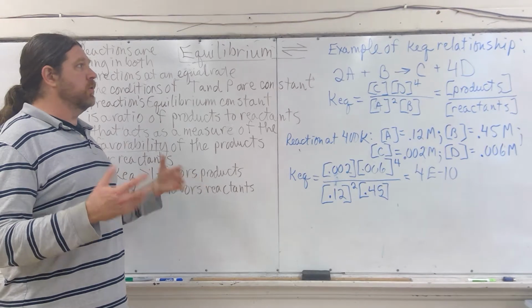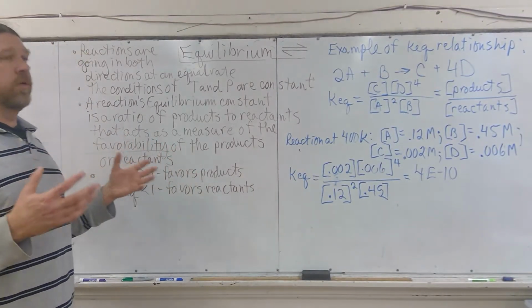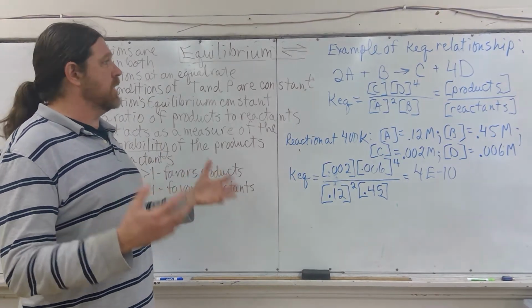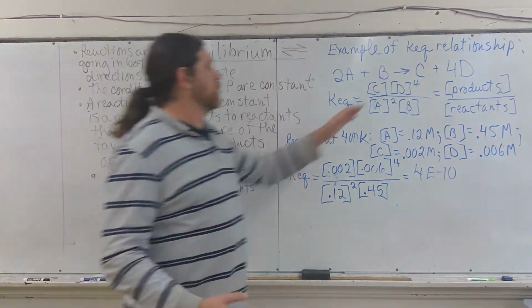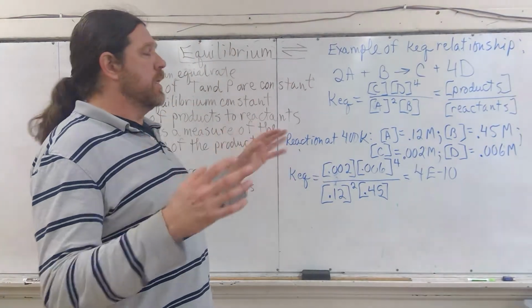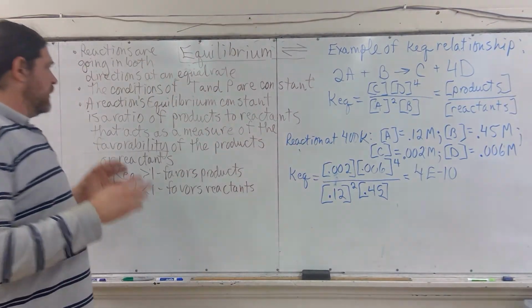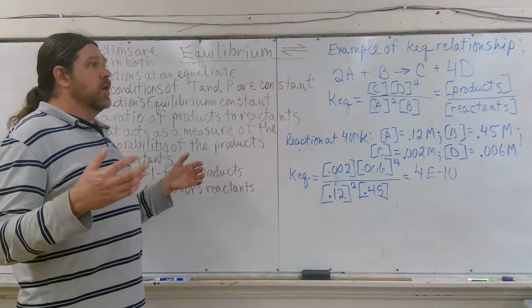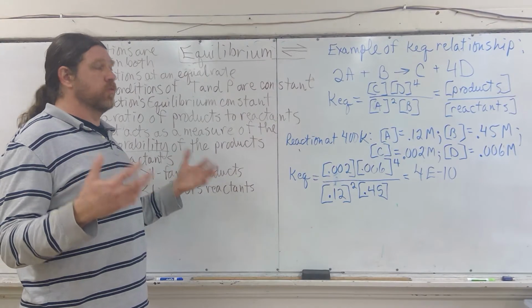So KEQs for short, equilibrium constants, are good metrics for helping predict the dynamics of a product to reactant ratio in a reaction. And so when we look at a KEQ, we can get a sense of how much of the reaction is really going to happen.